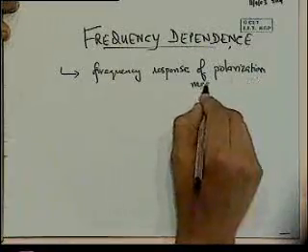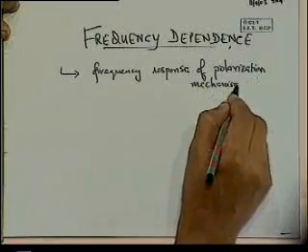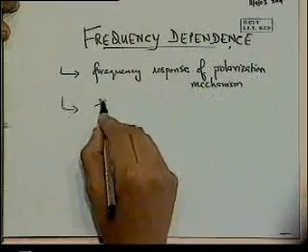Now one of the reasons that affects the AC response is of course the frequency response of the polarization mechanism. And there is a second factor too, namely thermal agitation.